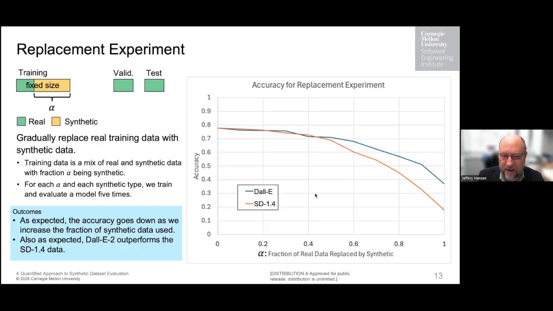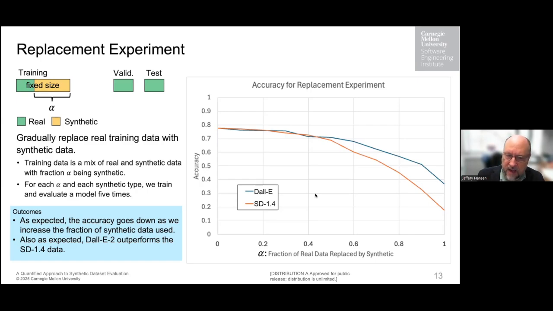The left side is all real data for training, and the right side is all synthetic data. We go from about 77% accuracy with real data to 30-ish% accuracy with the Dolly data.